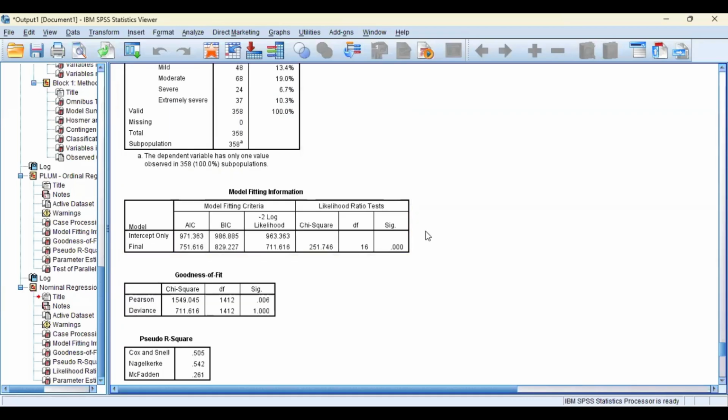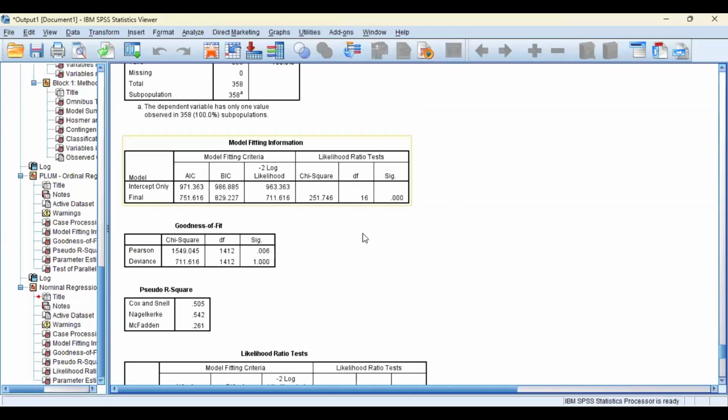So the first thing that you want to check is the model fitting information. In this table, you want to first have a look at AIC and BIC.